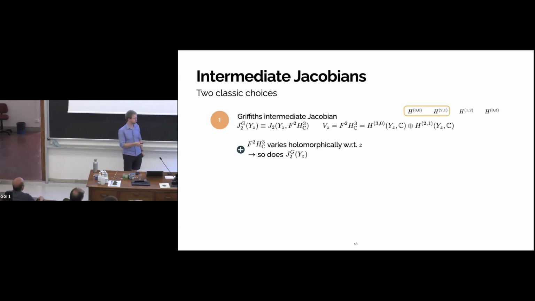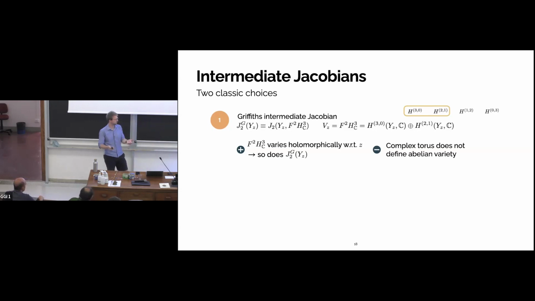First of all, the main property that you like is that these two taken together vary holomorphically with z. Essentially, because your Feynman integral in the end should just depend on z and not on z bar. So this is something that you want to represent also in the choices that you make. So this is good. Unfortunately, one can prove that the complex torus defined if you make this choice of V actually doesn't define an abelian variety. So this is no good, because in the end, for this matching to genus 2 curves, you want to have an abelian variety.